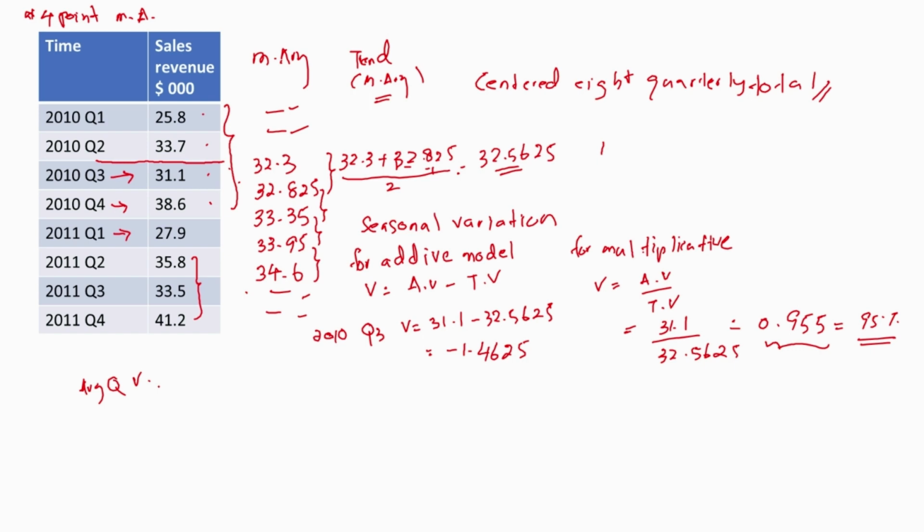So there will be 4 comparable seasonal variations for a year. We can calculate the average seasonal variations for the additive model as well as for the multiplicative model, which means we can consider Q1 values for each year and take the average of it, just like we did in linear regression.